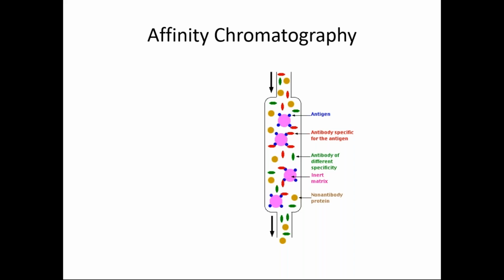So affinity chromatography is the affinity of the analyte for the matrix. So those analytes, as shown in this figure, the blue analytes, the antigens, have very high affinity for the antibodies. And you see the other molecules, that is green and mustard, are non-antibodies. They will not bind. And then you can elute the bound antibodies with the antigen.